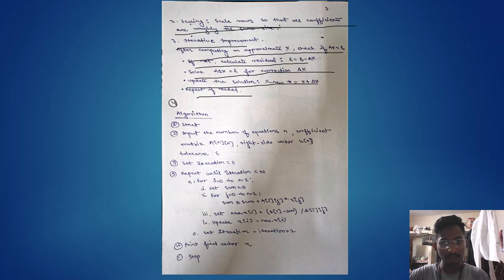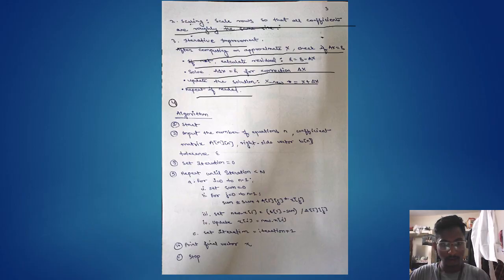Repeat if needed. The fourth question is: write an algorithm to solve simultaneous linear algebraic equations using the Gauss-Seidel iterative method. Algorithm start: input the number of equations n, coefficient matrix A of n by n, right side vector b of n, and tolerance. Set iteration equal to 0. Repeat until iteration is less than the maximum.